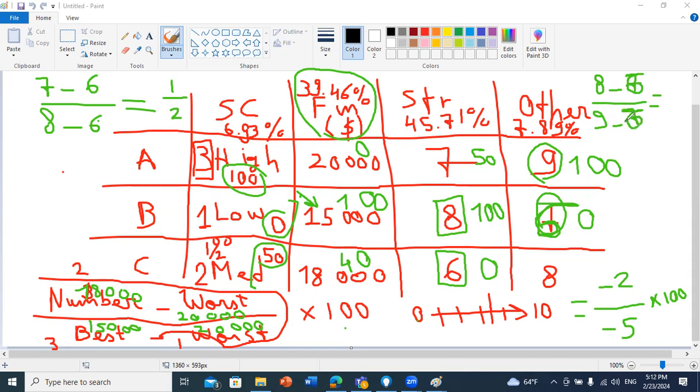So it's equal to 2 over 3, because 8 is not at the middle of 6 and 9. So you get a score of 66.67%. And you can keep it in ratio form. So you say the score is 200 over 3.